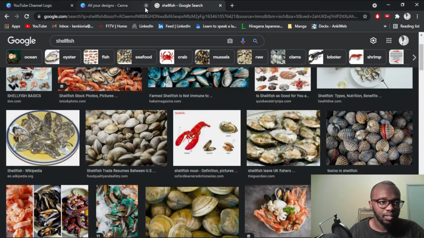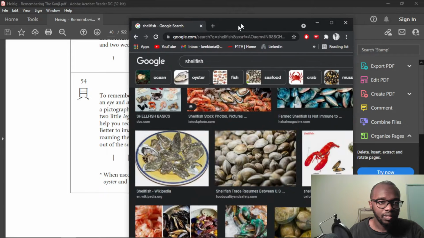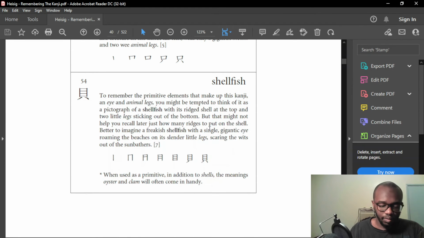Okay. So a big clam with one big eye and legs.